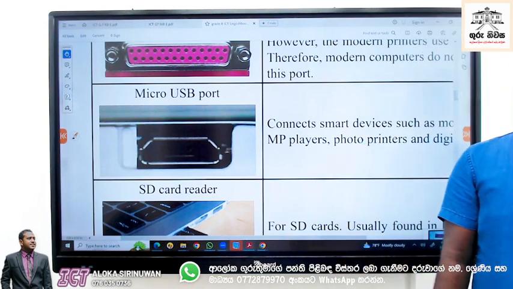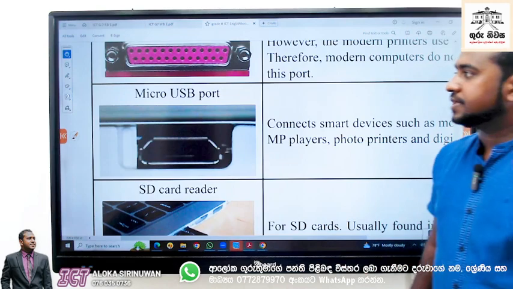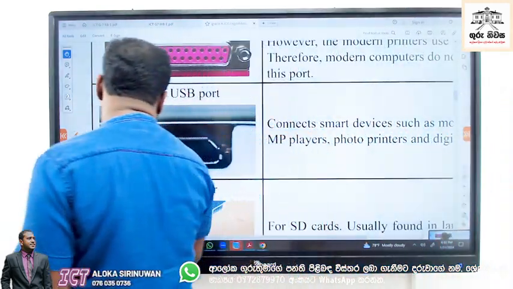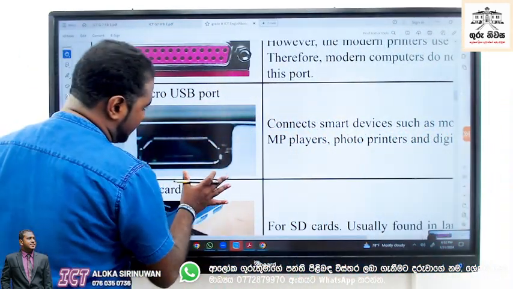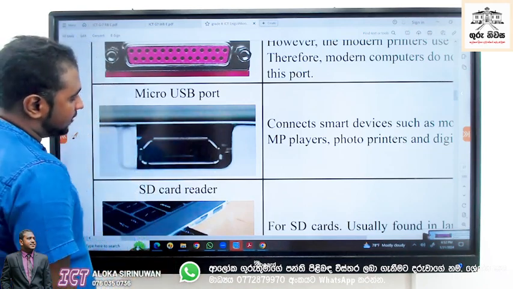This port is specially used to charge your mobile phones.